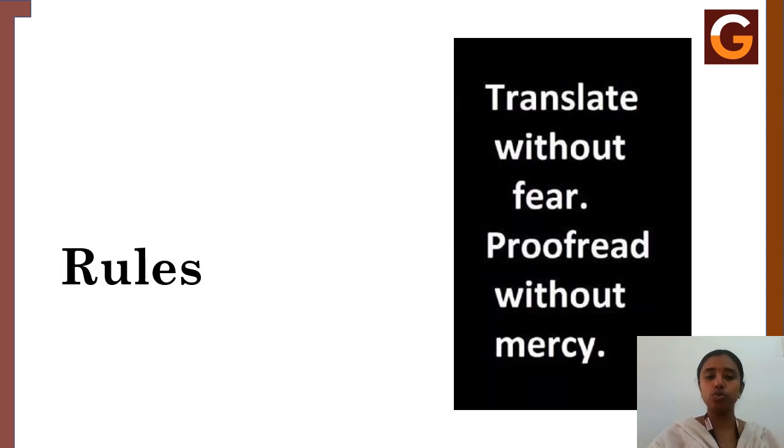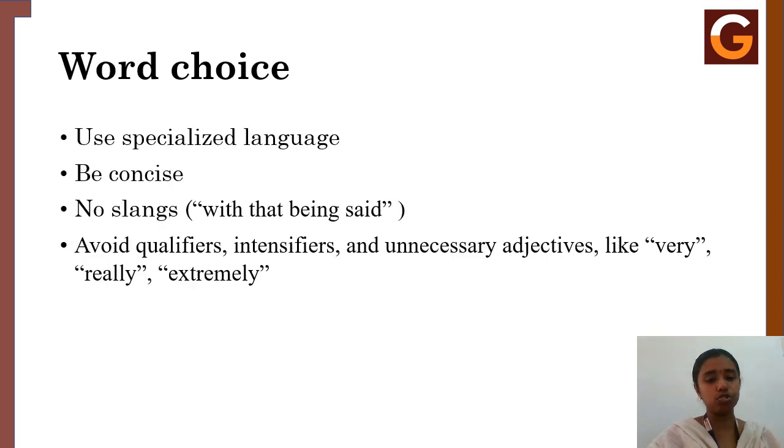There are certain rules which have to be followed in the process of proofreading. First is word choice. As a proofreader, you should always look into the word choices which the author has chosen, I mean the words which he has preferred. Use a specialized language.